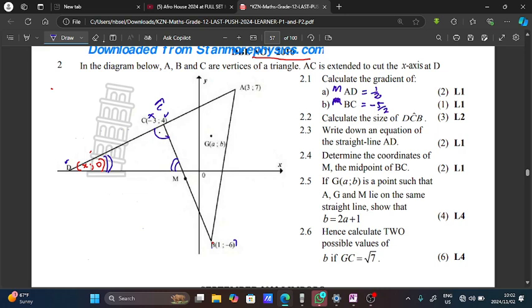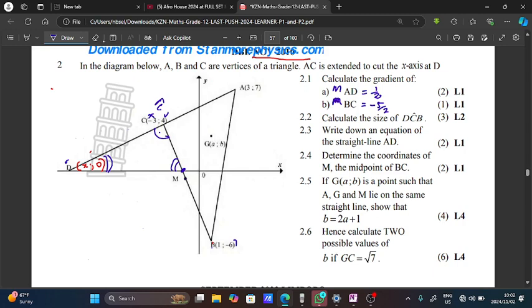Because this is in triangle DC and this point here, because M is the midpoint of CB.